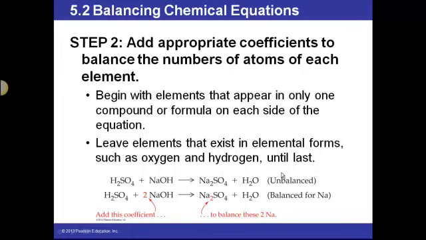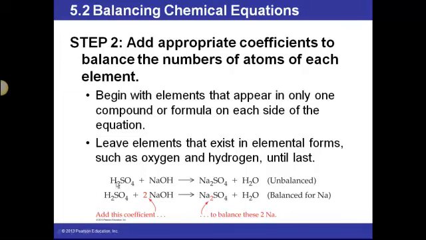That typically will make it easier to balance. So here's an example of an equation. We've got sulfuric acid plus sodium hydroxide, yielding a salt and water. So you've got sodium sulfate and our water molecule on the product side.